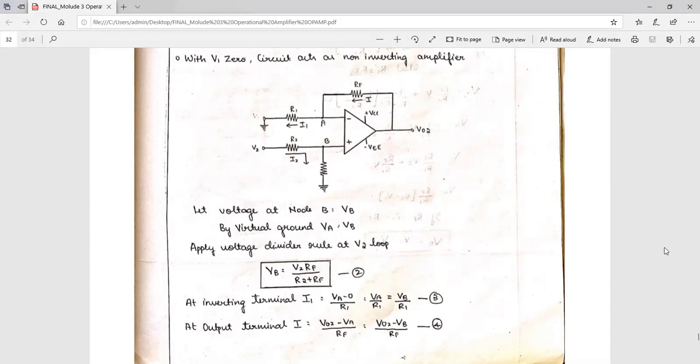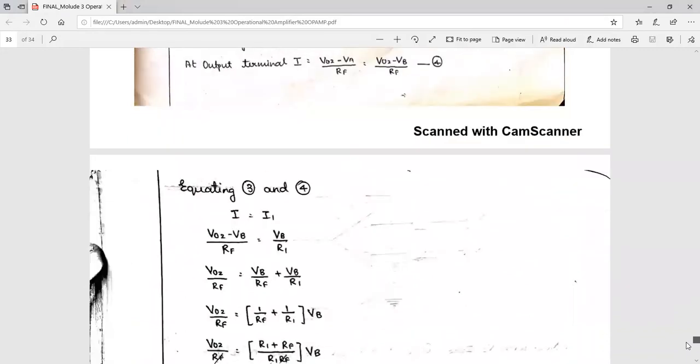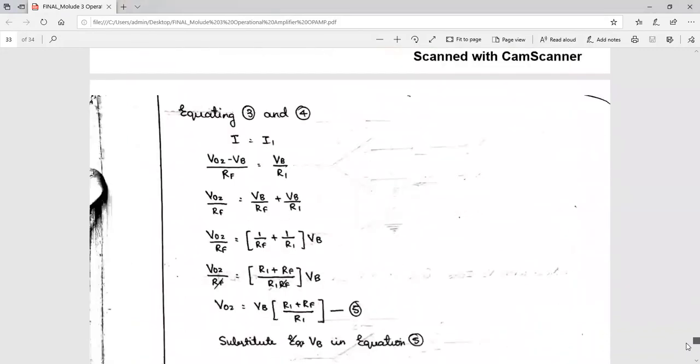When we go further, we equate both the equations, that is, current entering the node is equal to current leaving the node: V output 2 minus VB by RF is equal to VB by R1. So V output 2 by RF is equal to VB by RF plus VB by R1.